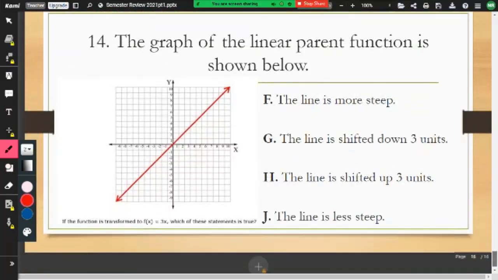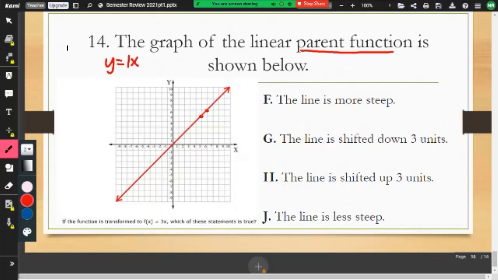Last one, number 14. You do have this graph on your paper. This is a graph showing the parent function. Now, even though I don't know what the parent function is right away, I can write the equation. What is the slope of it? Pick 2 points. What's the slope? 1/1.